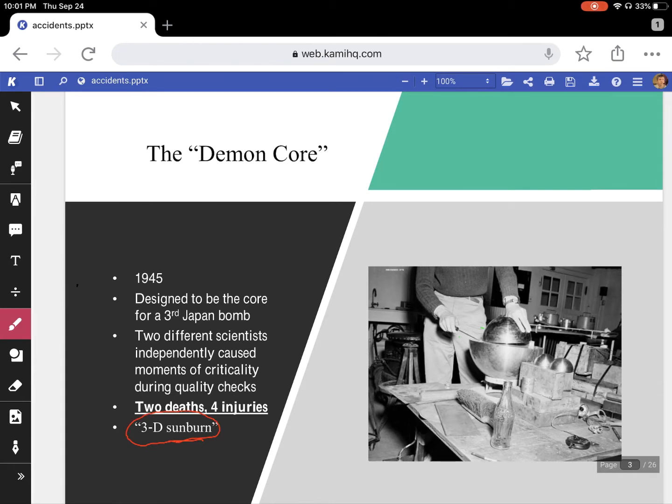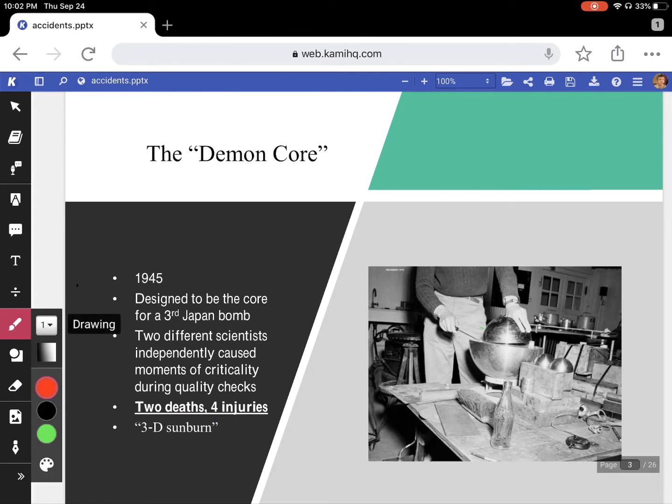So basically, instead of a sunburn just on your skin, it was throughout your entire body, as the radiation emitted from the momentarily critical nuclear core flashed out into the lab. So that was really bad.